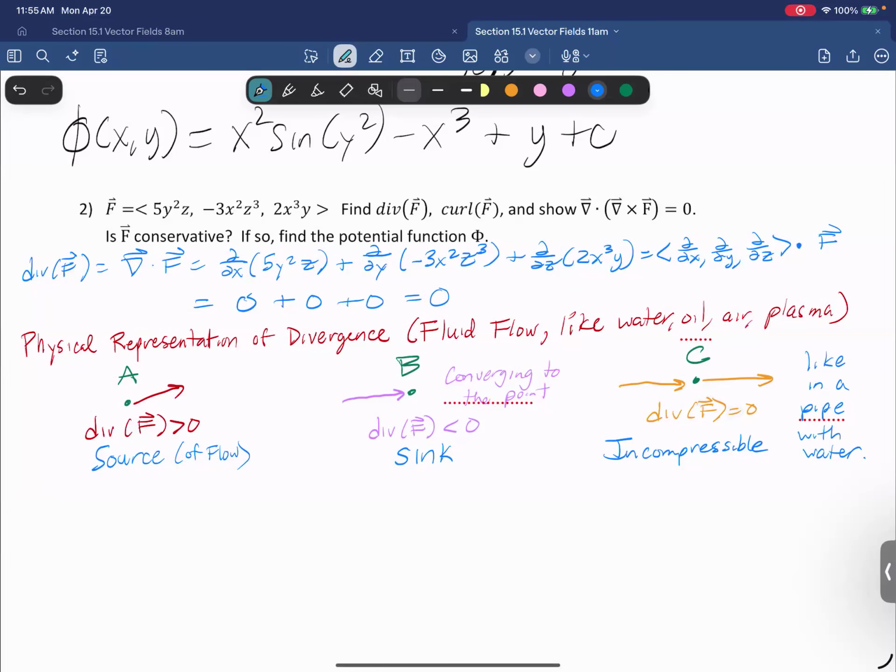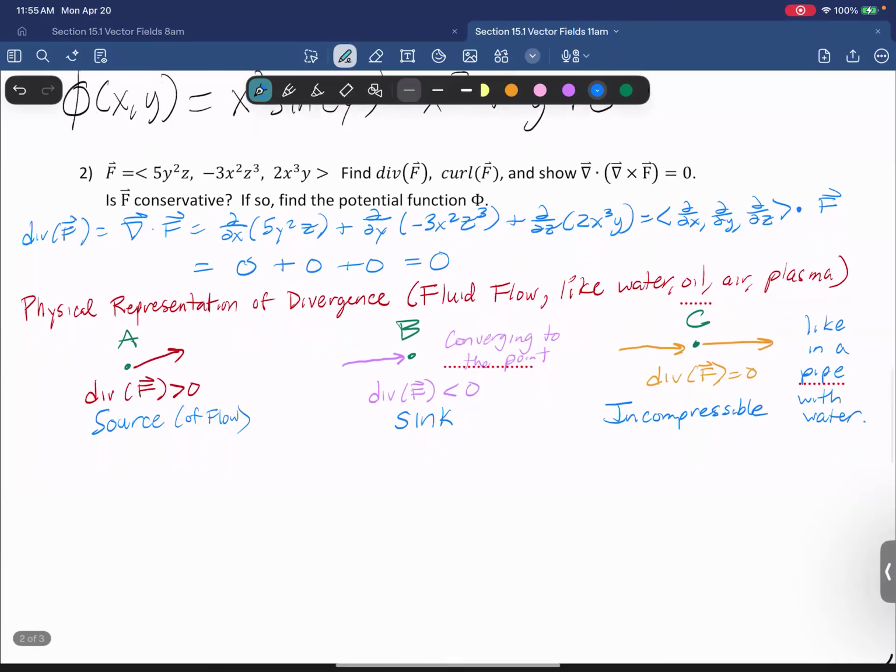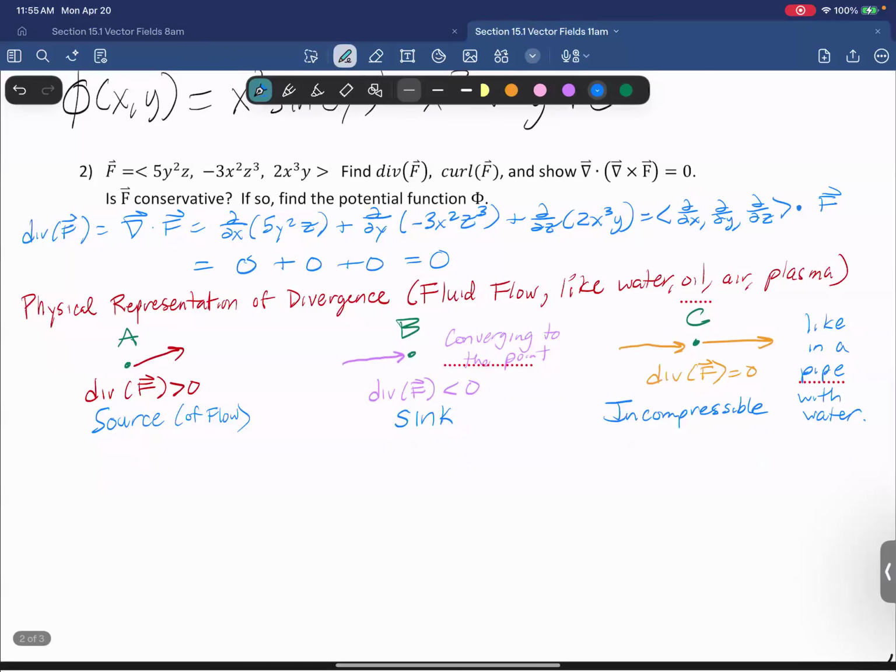All right, so we got a couple: curl of F was rotation. For the divergence being 0, what if it was circular around, or can it not be like that? If the flow is going around it, but nothing is going into it and nothing's going out of it, it's still 0.